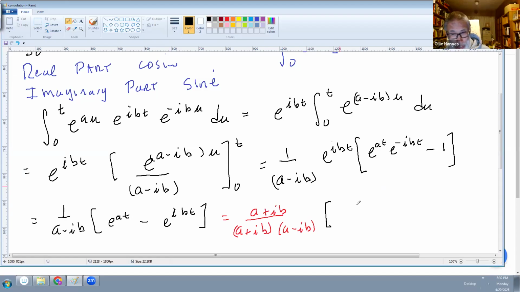Now at this point, we may as well start expressing this with Euler's formula. So we now have cosine of bt plus i sine bt.